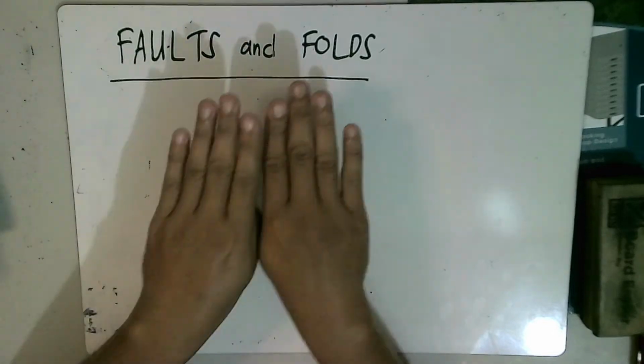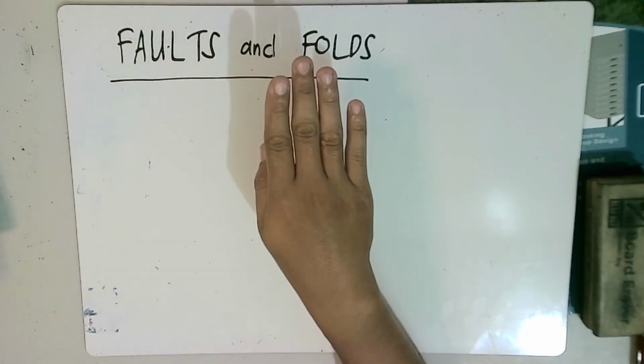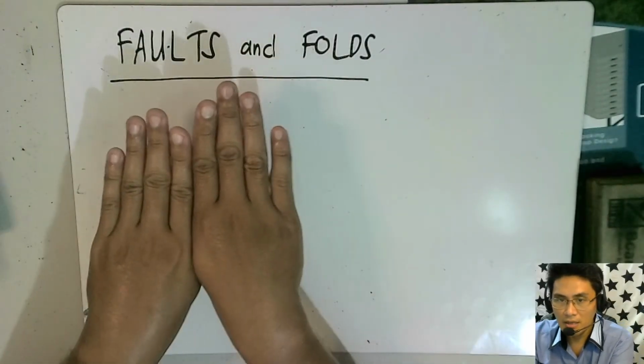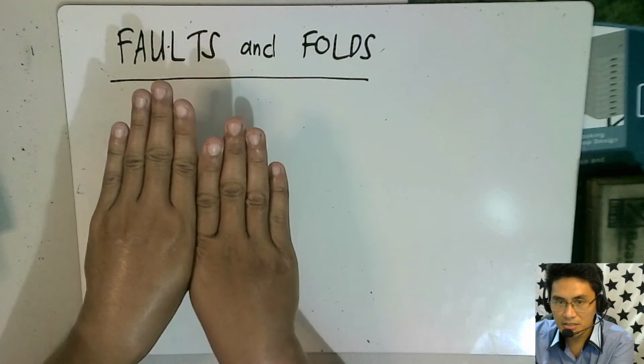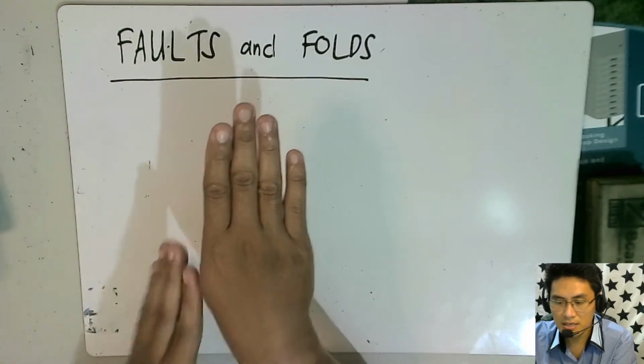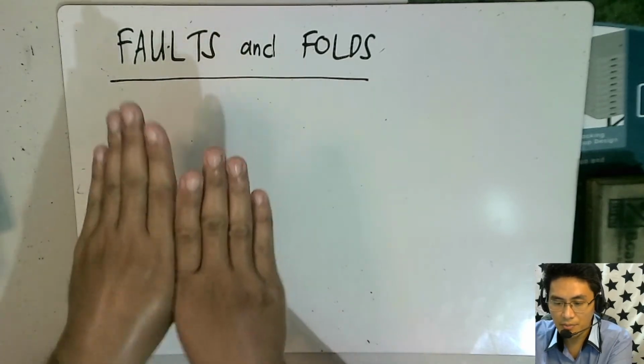But more prominently, it is formed in transform boundaries, because if you imagine this is one plate and this is another plate, as they slide past each other, if you notice what happens to my skin here, there is some wrinkling because of the pressure.